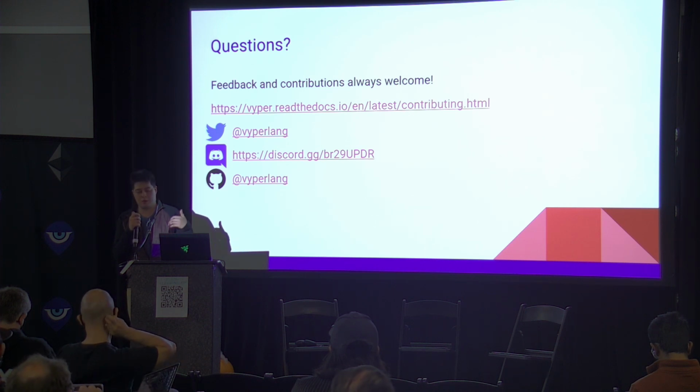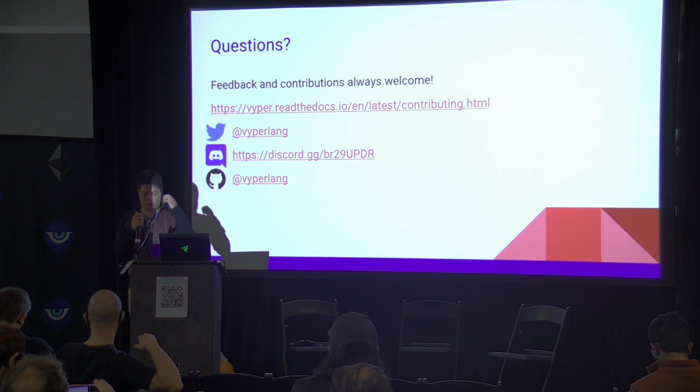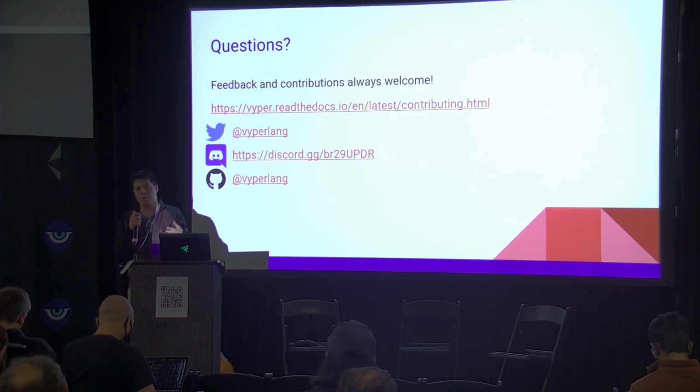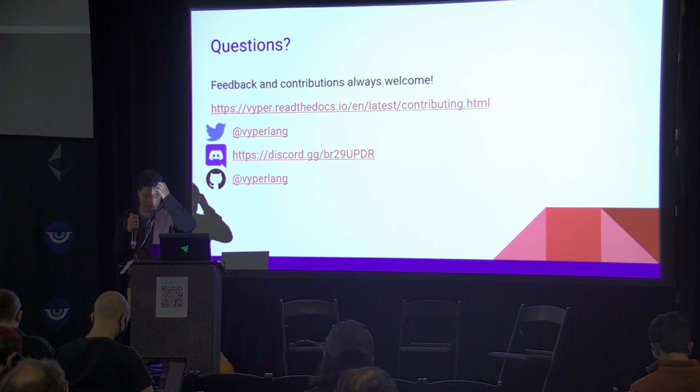If we need to target more backends, that's something we're changing our architecture to be able to do fairly easily. But for now, my perception is that everybody's still pretty EVM focused.